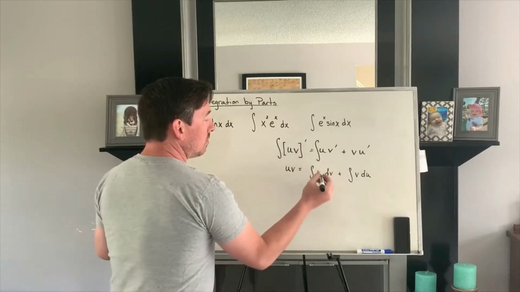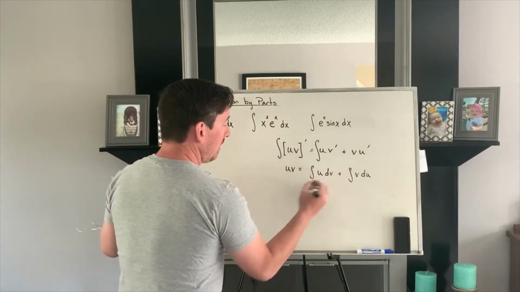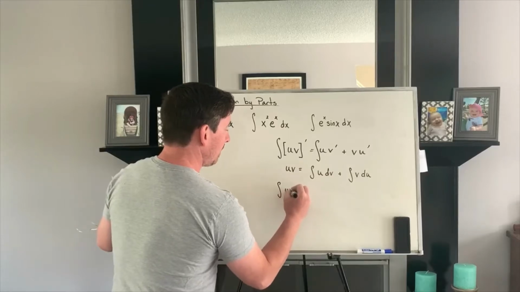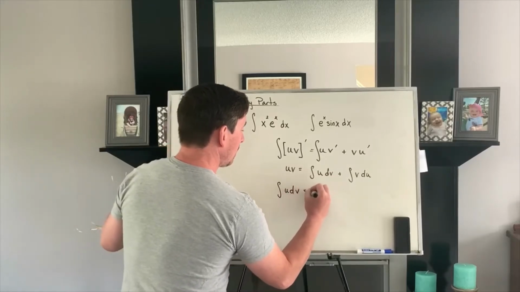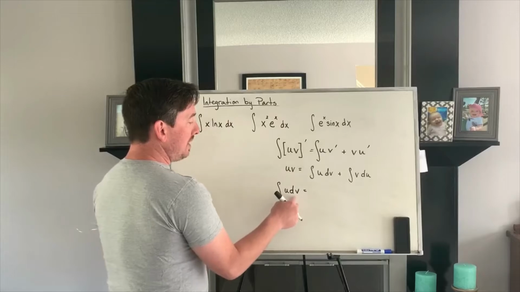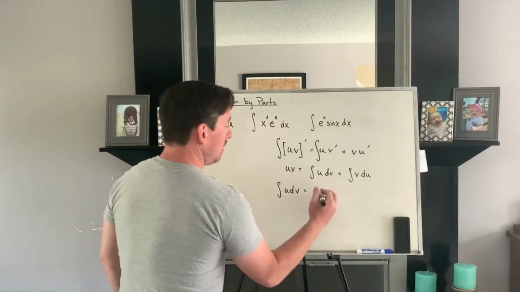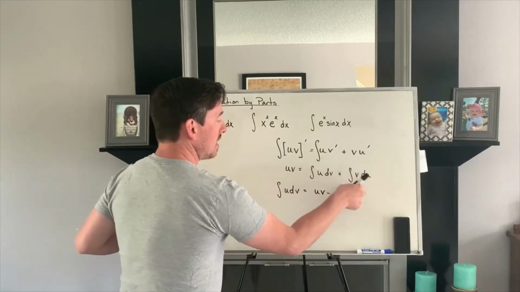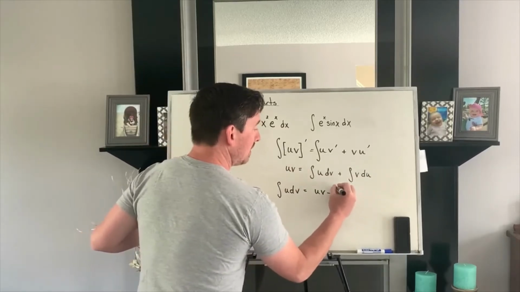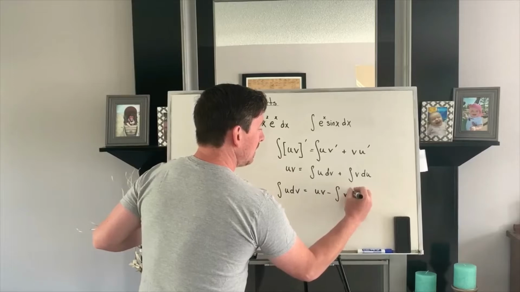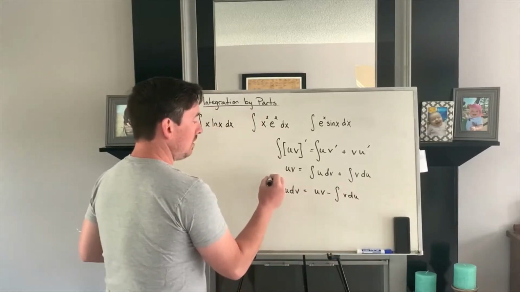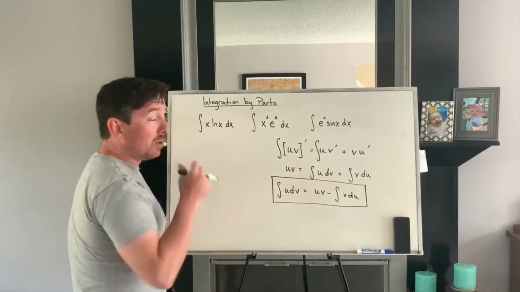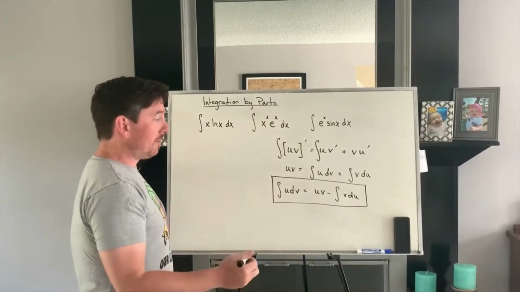And now I'm going to just rearrange this and solve for this term right here. So the integral of u dv is equal to just uv minus, imagine I'm just subtracting this over to the other side here, minus the integral of v du. I know that looks weird, but that is our integration by parts formula.